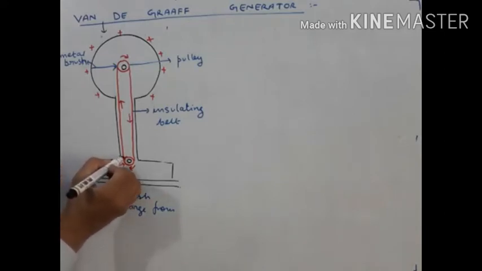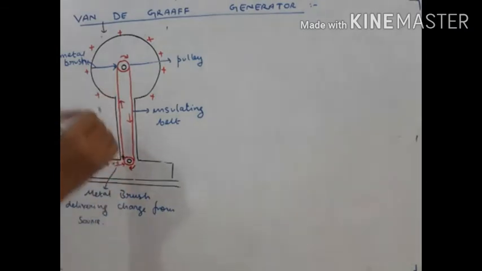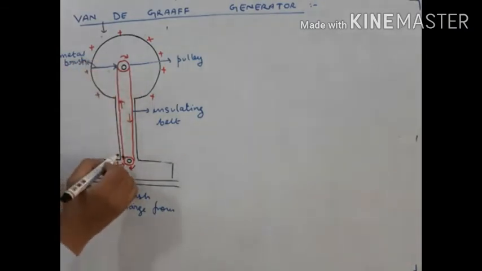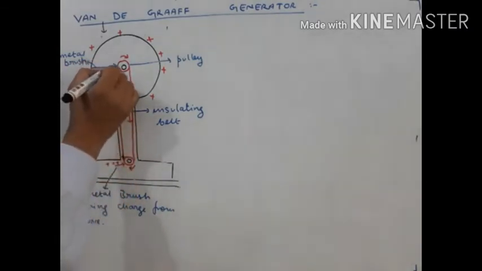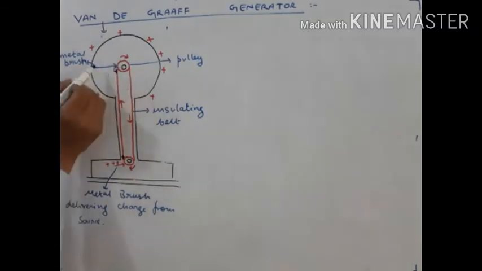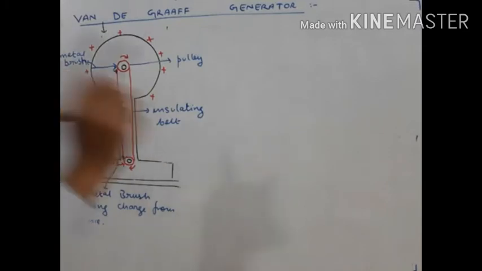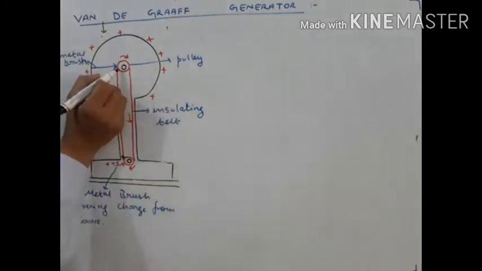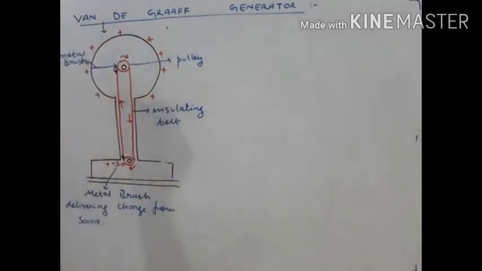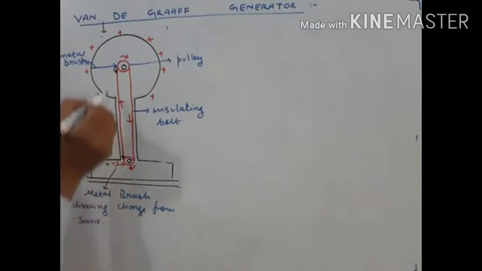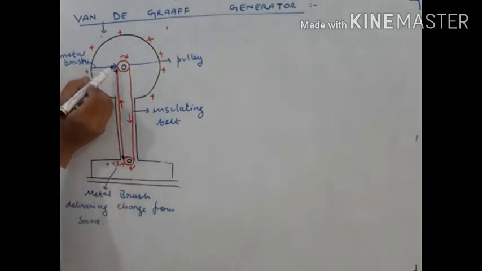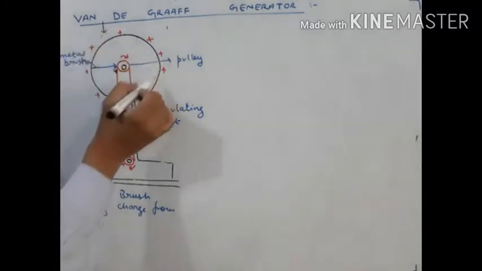That positive charge which is sprayed on the belt, because the belt is turning, after some time would arrive here. That positive charge would then, through this brush, move to the outer shell. Why would it move? We have already discussed that the potential of the inner sphere is always greater compared to the potential of the outer shell. Because of this, the positive charge which has been sprayed here, after moving to the top, would flow from the inner sphere to the outer sphere, and the outer shell will develop positive charge.